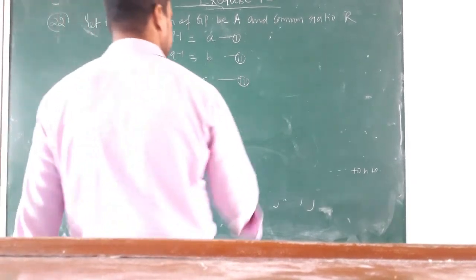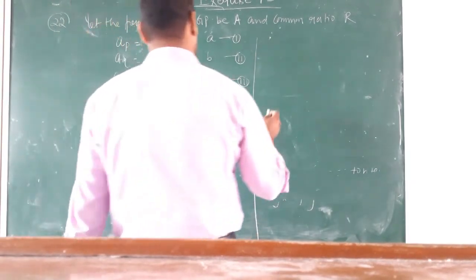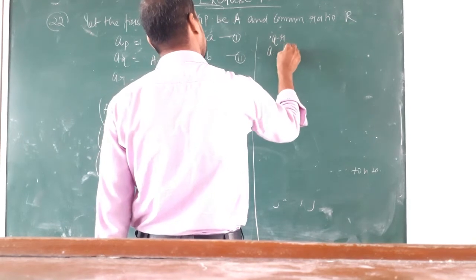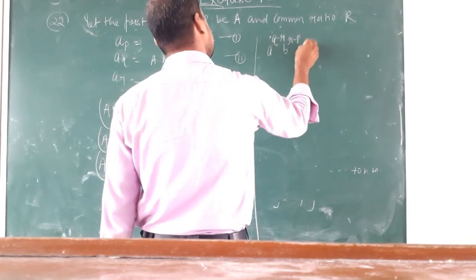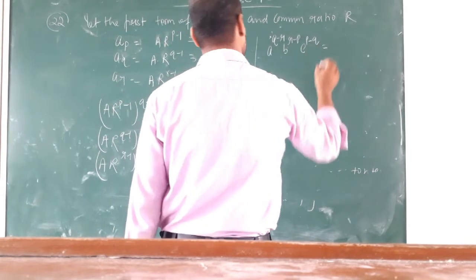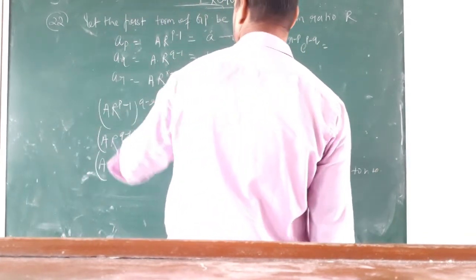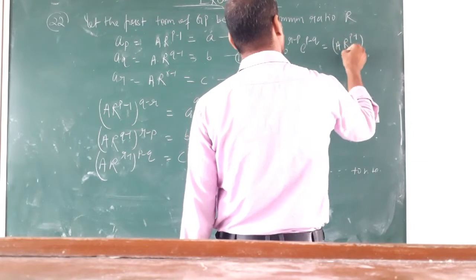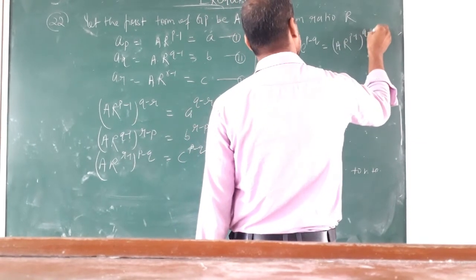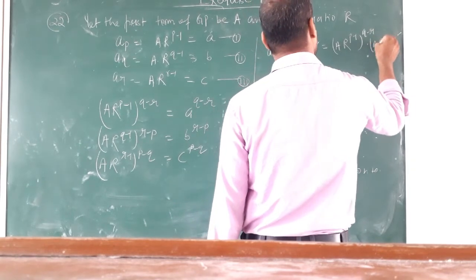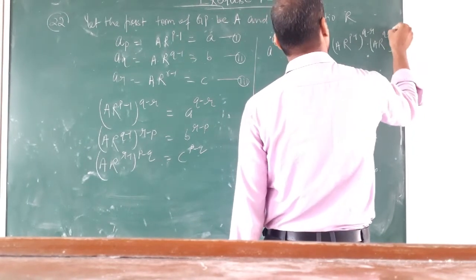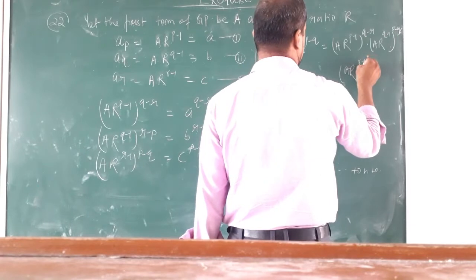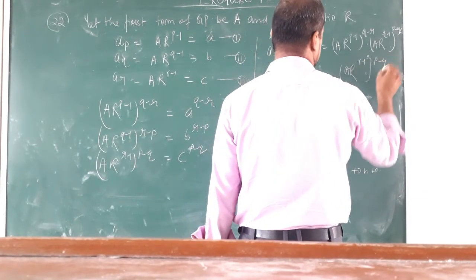Now we are going to multiply them. a to the power q minus r, b to the power r minus p, and c to the power p minus q becomes A r to the power p minus 1, whole to the power q minus r, into A r to the power q minus 1, whole to the power r minus p, into A r to the power r minus 1, whole to the power p minus q.